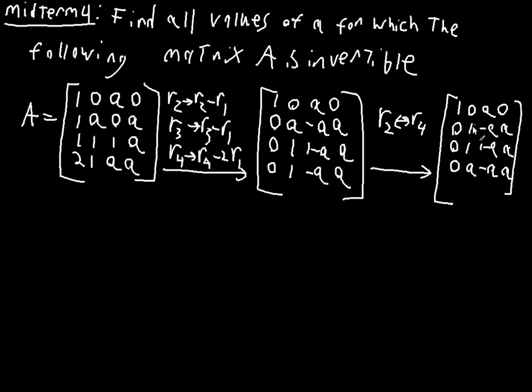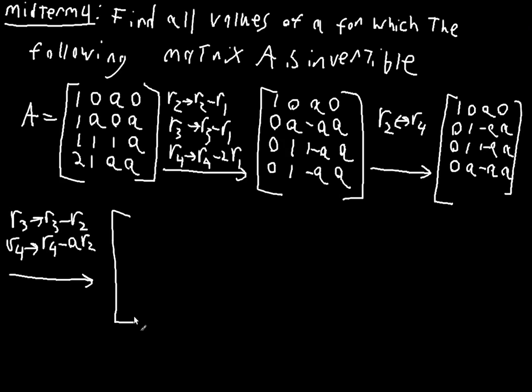Great. Now that I have that, I can use this 1 to cancel off these leading entries, where when I'm canceling off this leading entry, I just have to involve the letter A. So row 3 is going to go to row 3 minus row 2, and row 4 is going to go to row 4 minus A times row 2. That'll help us out.